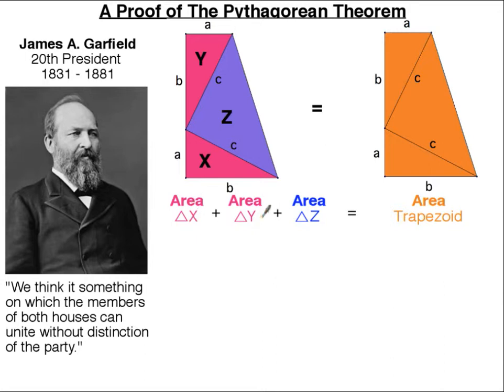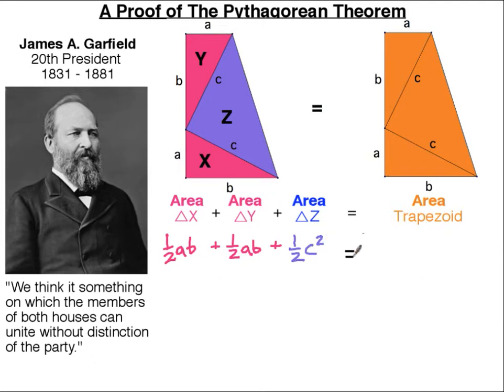Garfield's proof comes from substituting values into this equation. Let's go ahead and substitute some values in. First of all, the area of triangle X. Remember, the area of a triangle is 1/2 base times height. So the area of triangle X is 1/2 AB plus, now the area of triangle Y is the same because those triangles are congruent, plus 1/2 AB plus, and now the area of triangle Z, the base is C, the height is C. We know this is a right angle, so we can write the area of that as 1/2 C times C, or C squared.